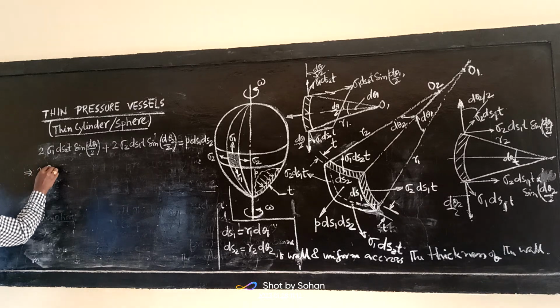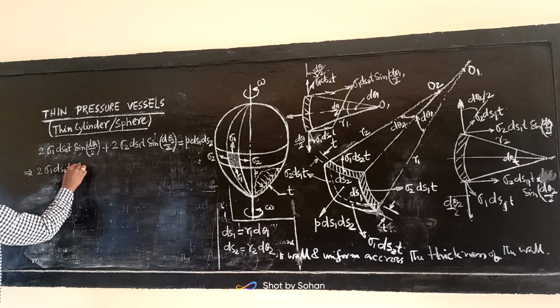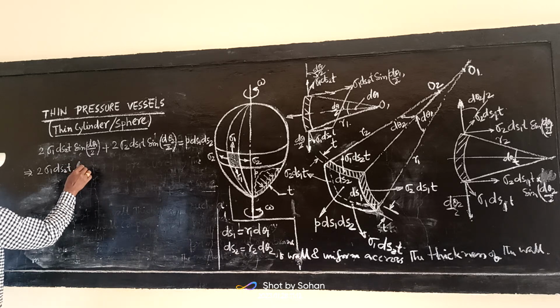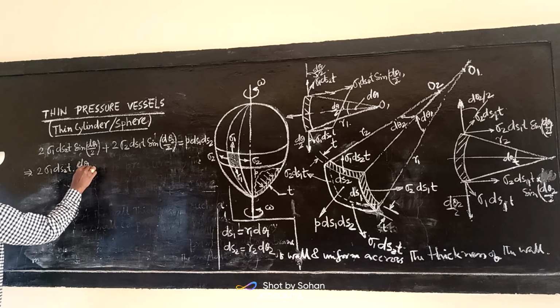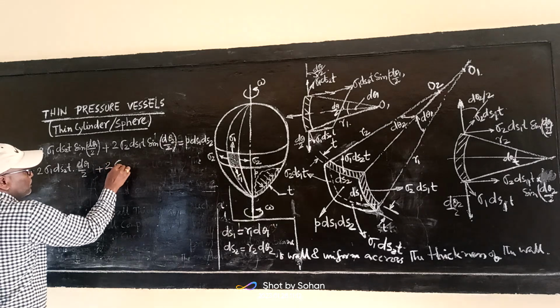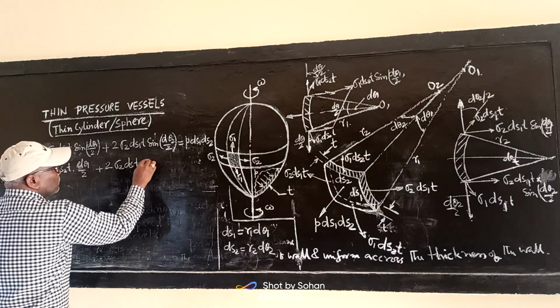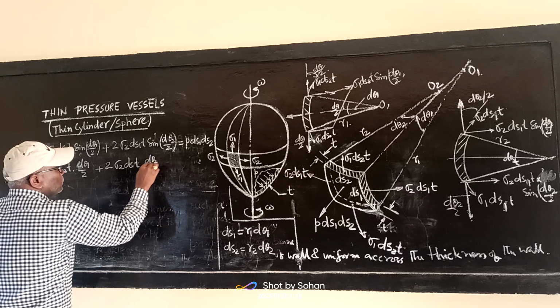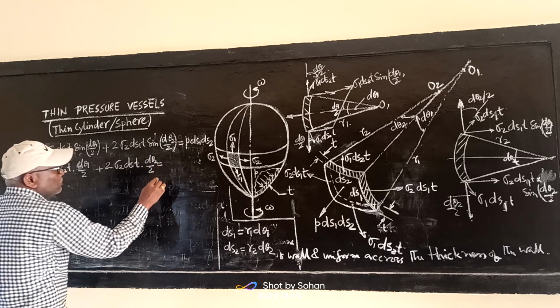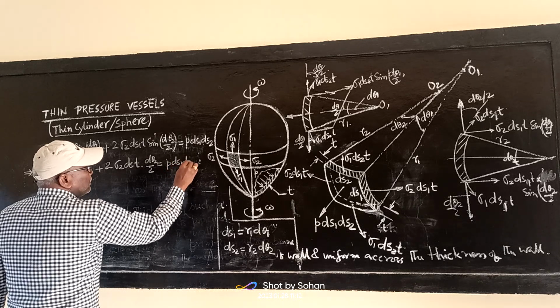So 2 sigma 1 ds2 t, in place of sin d theta 1 by 2 we write d theta 1 by 2, plus 2 sigma 2 ds1 t into d theta 2 by 2 is equal to p ds1 ds2.